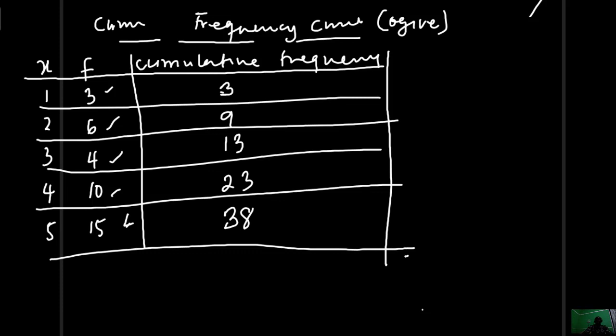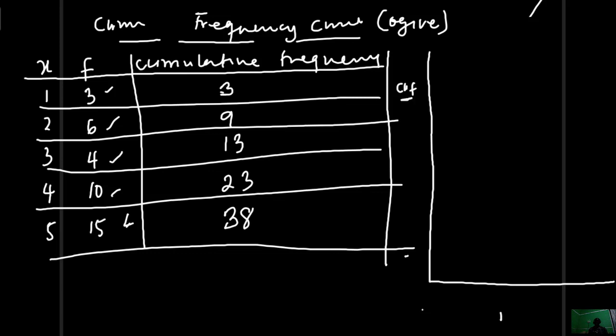So let's draw our ogive. Let's draw our cumulative frequency curve here. To draw it, you need a vertical and a horizontal axis. Then you put here cumulative frequency. You write cumulative frequency on the vertical, and here will represent max.